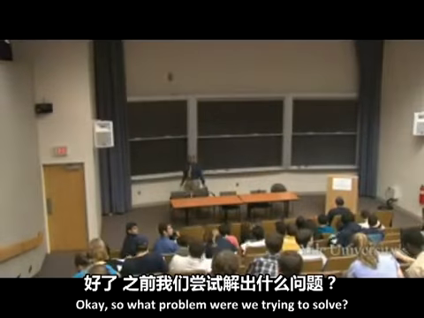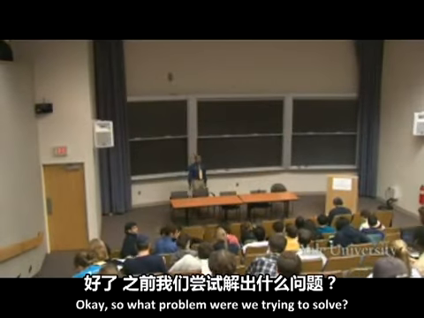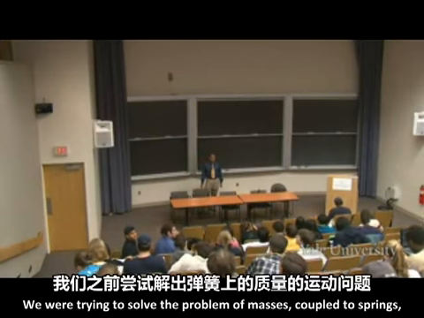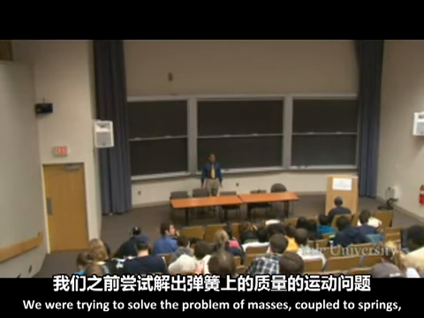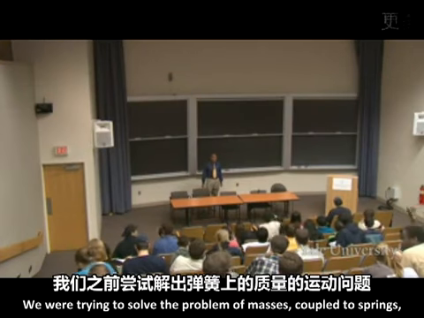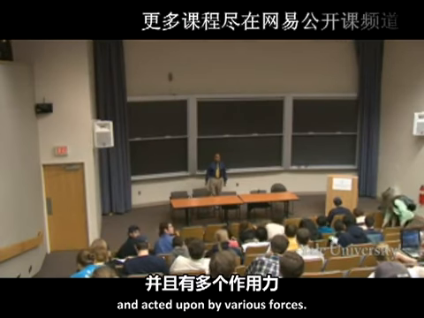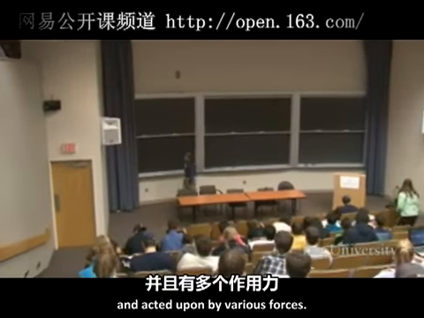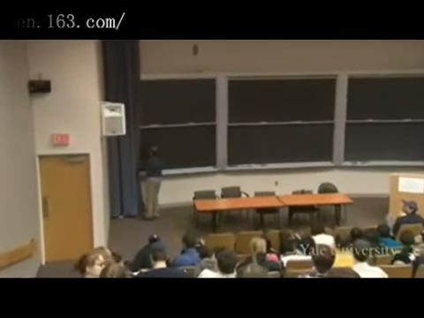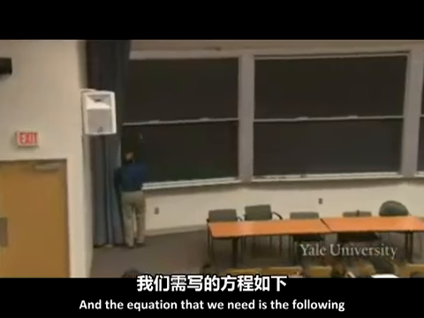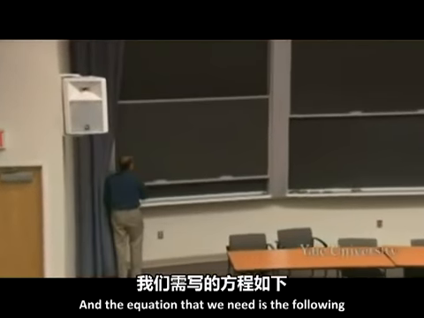Okay, so what problem were we trying to solve? We're trying to solve the problem of masses coupled to springs and acted upon by various forces, and the equation that we need is the following.